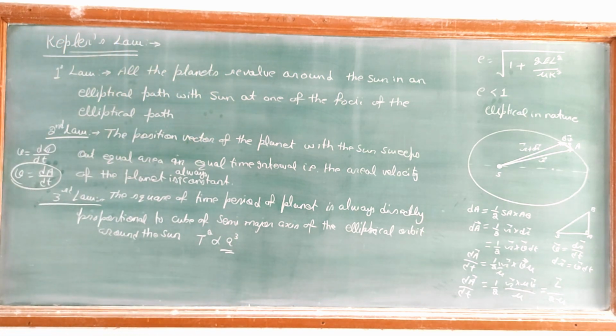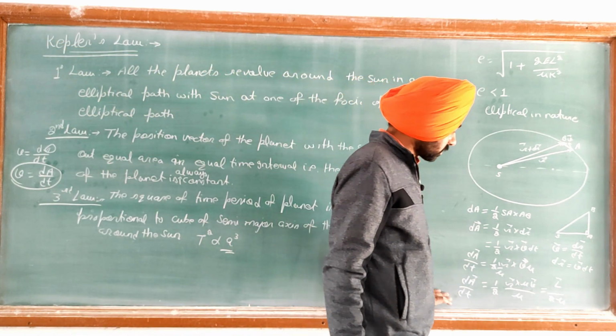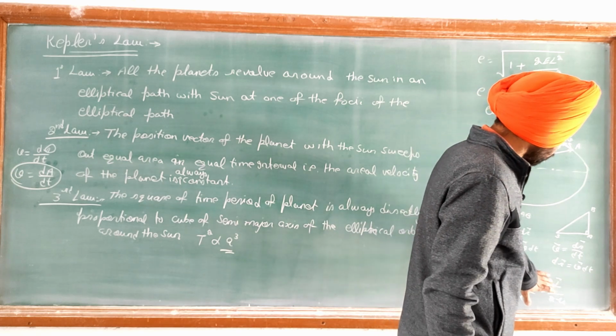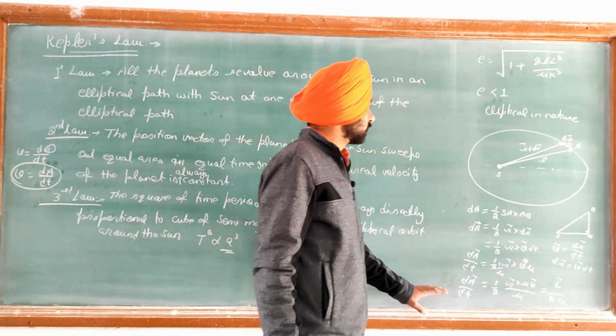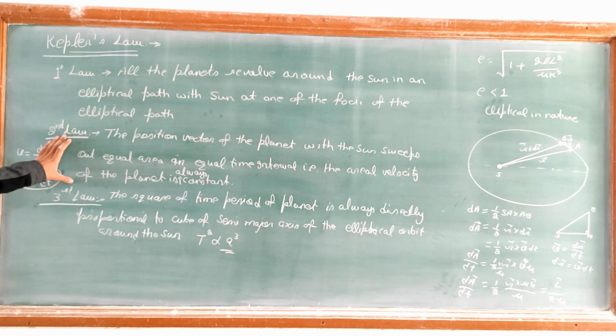L was the angular momentum of the planet around the sun, and we know that the planet moves under the action of a central force, therefore its angular momentum is conserved. This is already discussed in our previous lectures, you can go through those lectures. So vector L is constant, so dA upon dt is constant. So we have derived the second law of Kepler's laws of planetary motion with the help of all these expressions.